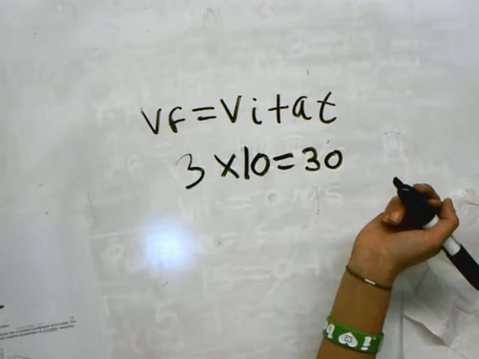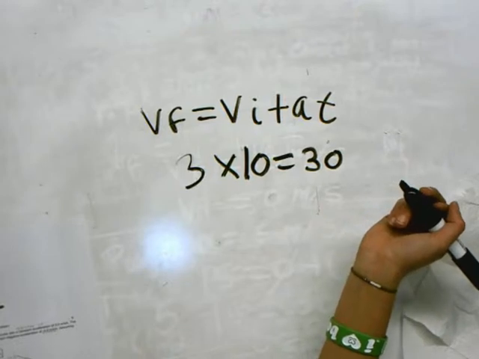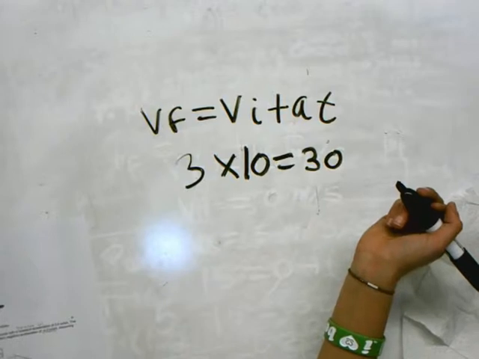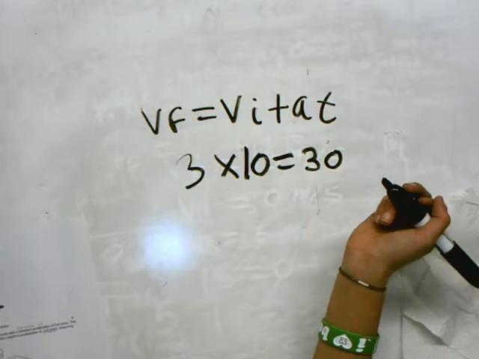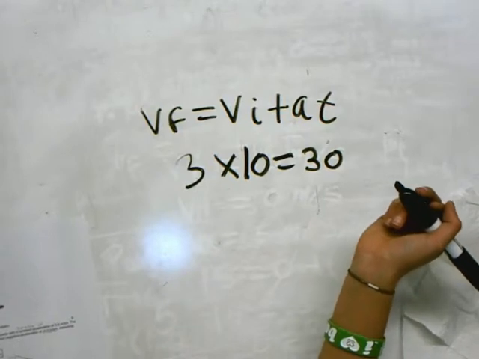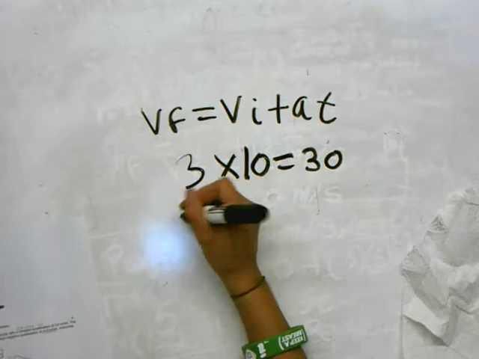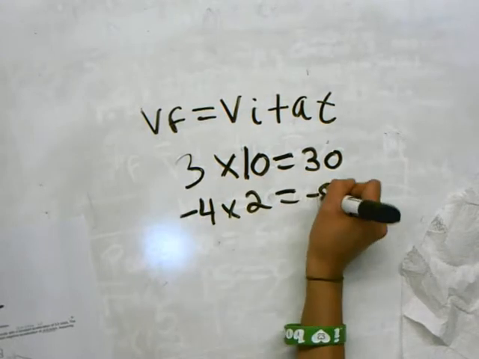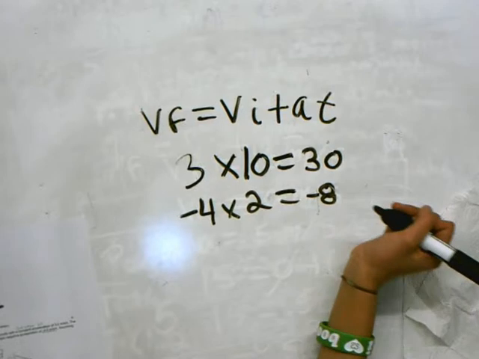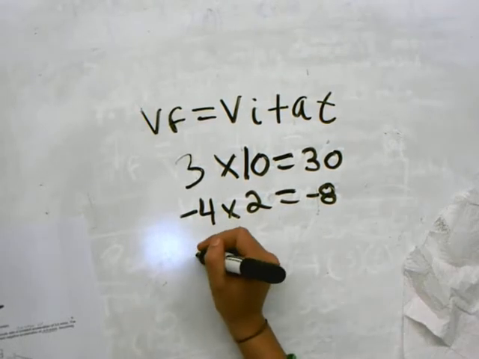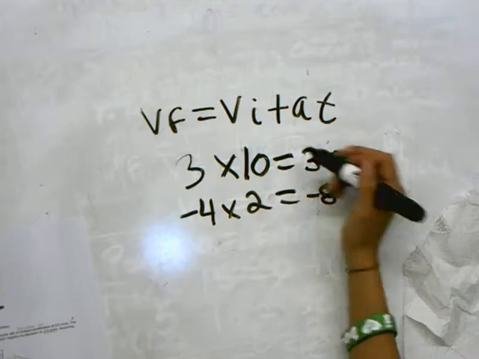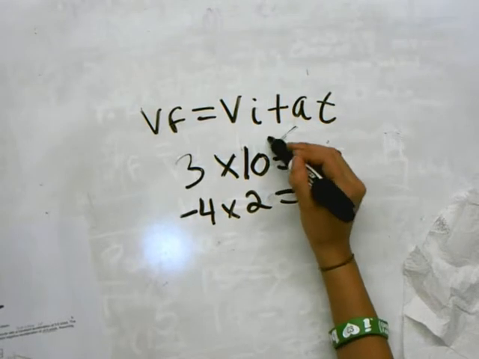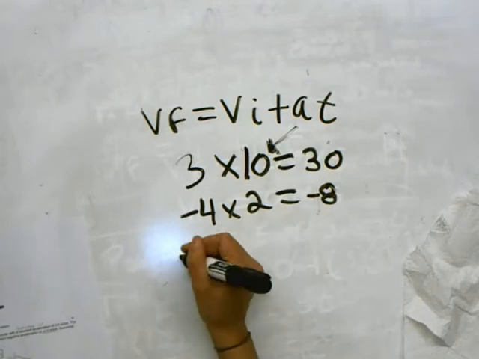So again, we do a little bit of math, and we get negative 8. Now we put these all together, and because we already did the acceleration and the time, we don't have to do it again. We're calculating just for the V final, and we have 30 minus 8, which is equivalent to 22 meters per second, which is his final velocity.